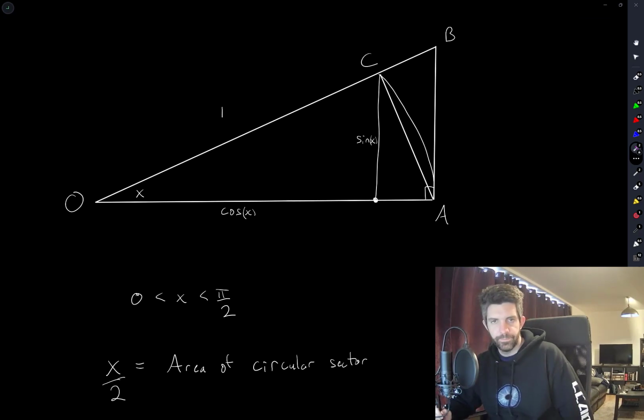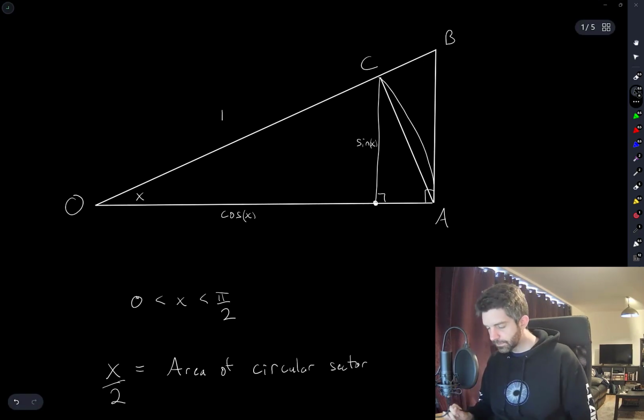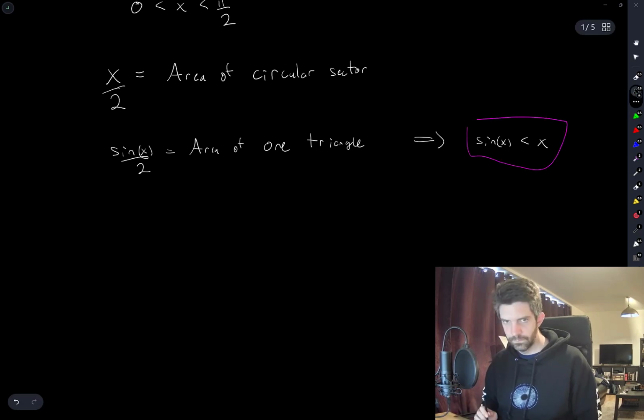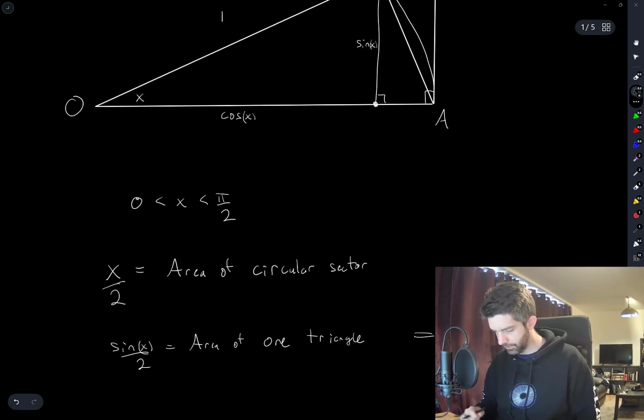And what about x times cos x? This is the same as showing that x is less than sine x over cos x, or that x is less than tan x.